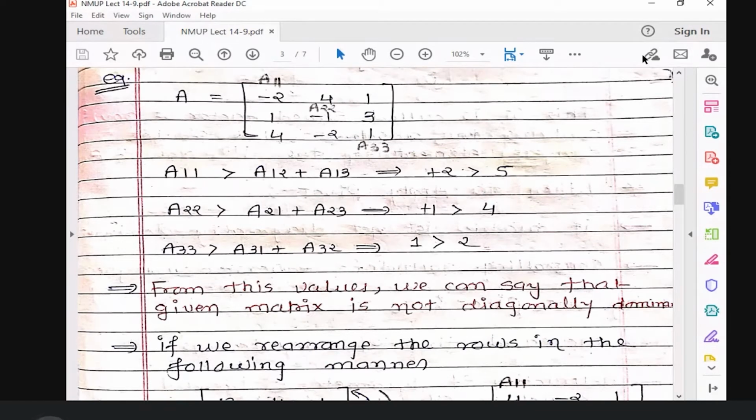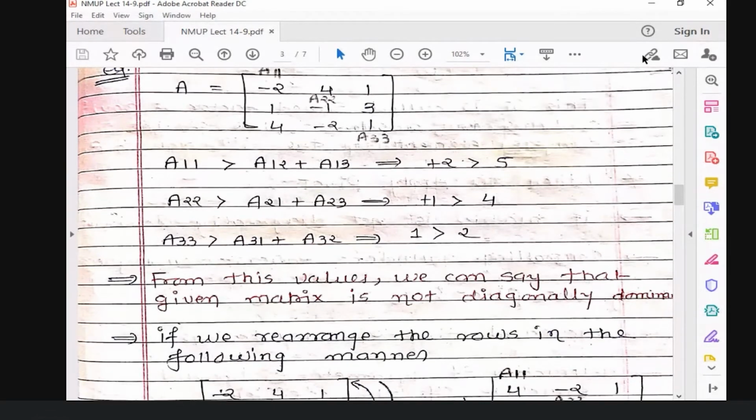In the second row, my largest element is 3. And in the third row, my largest element is 4. Understand? So I'm just changing the order of each row. Either I can take this third row as the first, then the second row as the third, and the first row as the second.